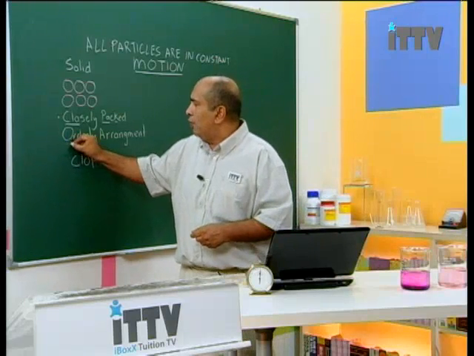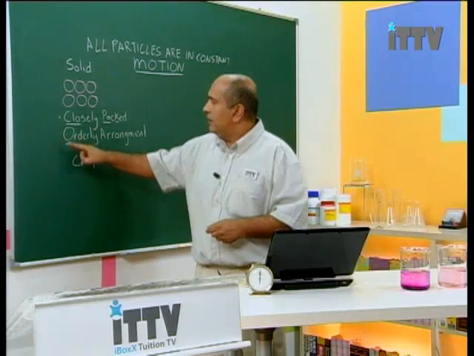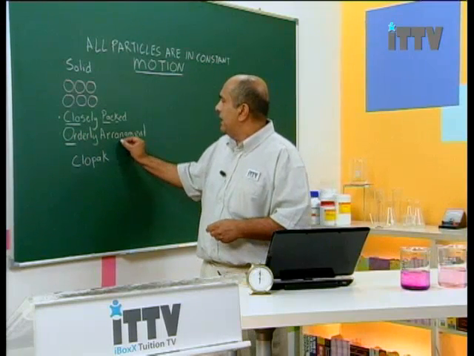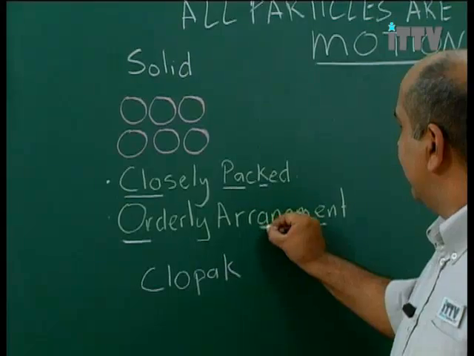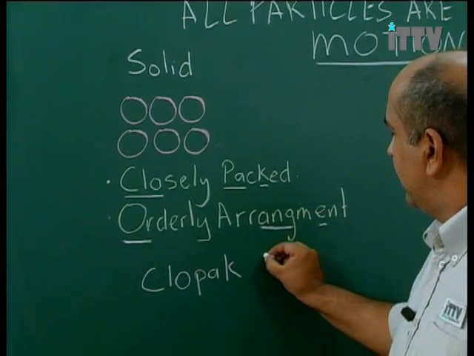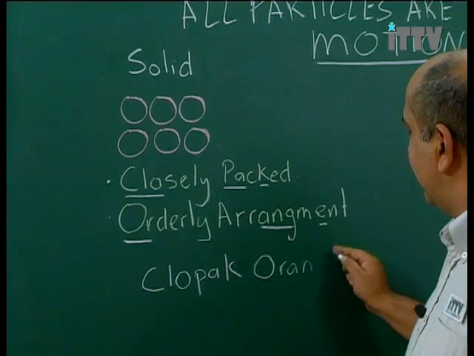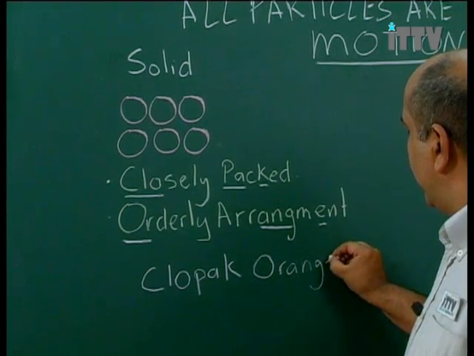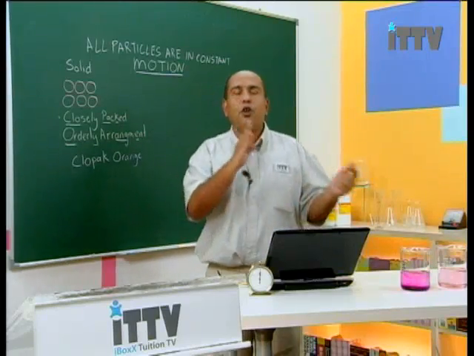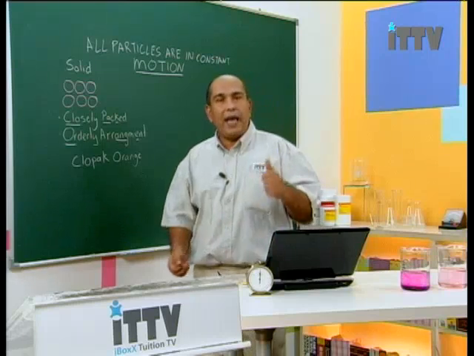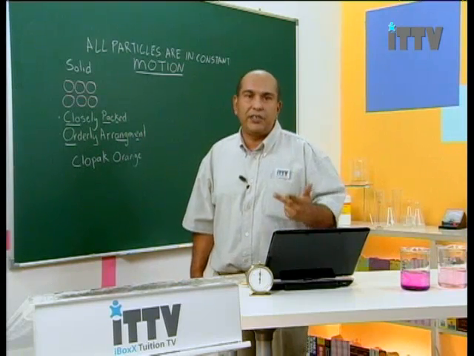Well, we take the O, R, or, and then take an A, N, G with the E here, which gives us the word orange. So if you can remember this mnemonic, clo pack orange, clo pack closely packed, orange orderly arrangement.